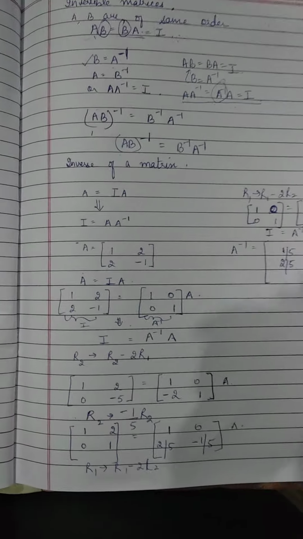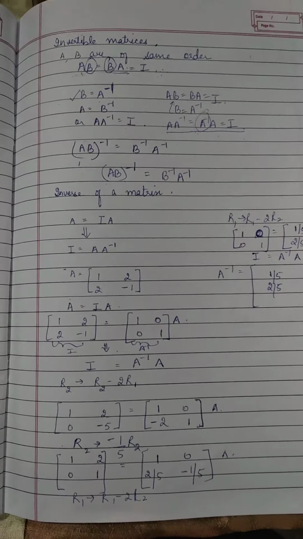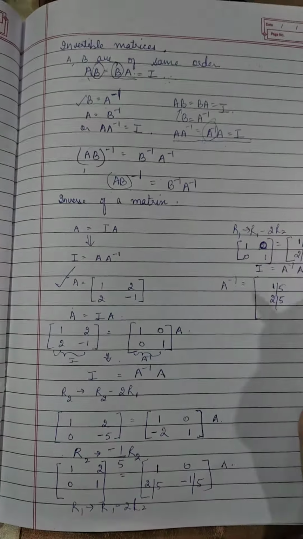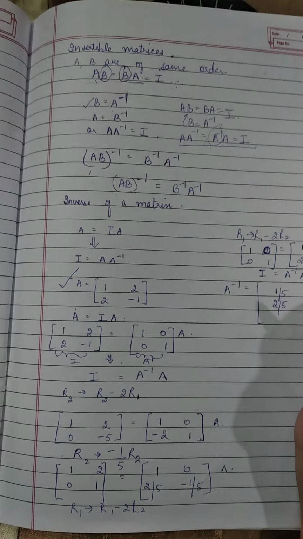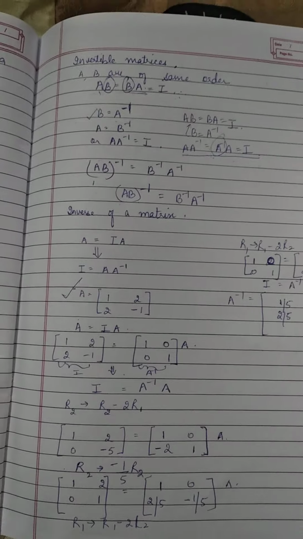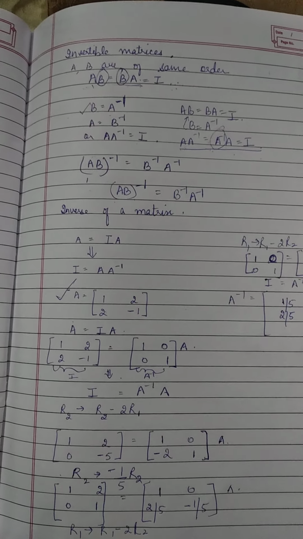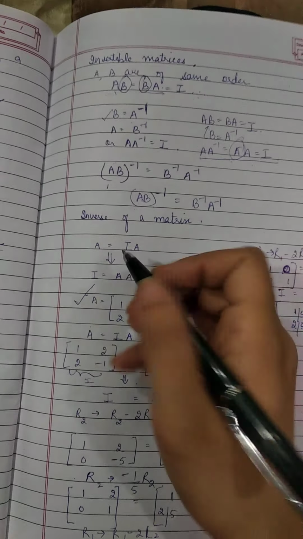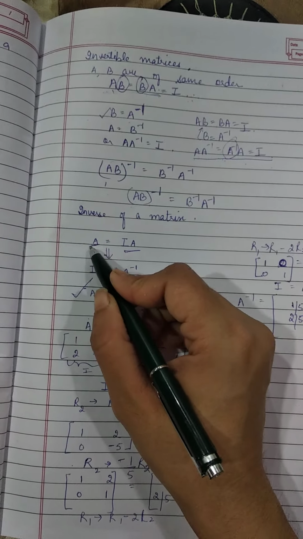Now, how do we actually calculate the inverse of a matrix? If any matrix A is given to us, for example, I've taken a square matrix 1, 2, 2 and minus 1. I already know that an identity matrix multiplied by a given matrix gives you the matrix itself.